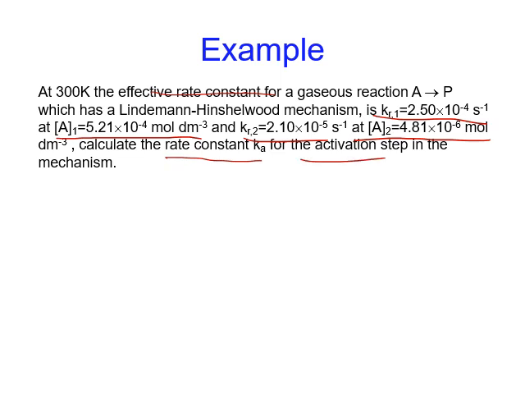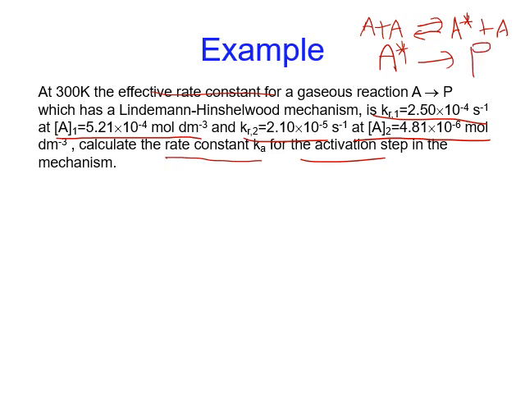If you remember, the Lindemann-Hinshelwood mechanism says the first step is that two molecules collide and form an activated molecule plus A. The activated molecule may go back to the unactivated molecule, or it may go to the product.